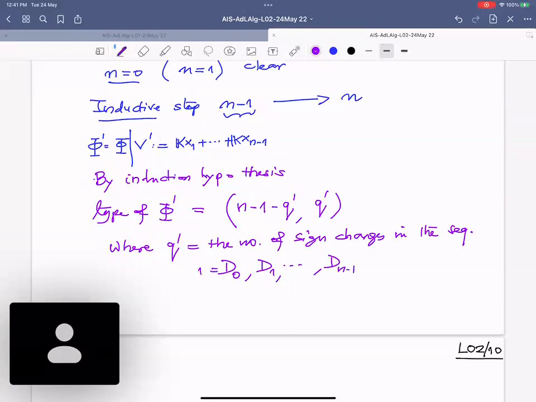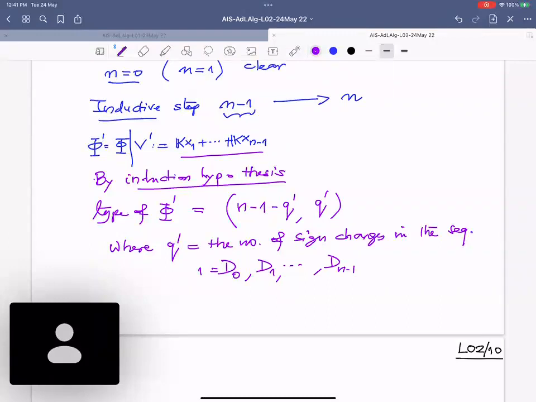This is by induction hypothesis, because this is a form on this vector space V prime. Right?